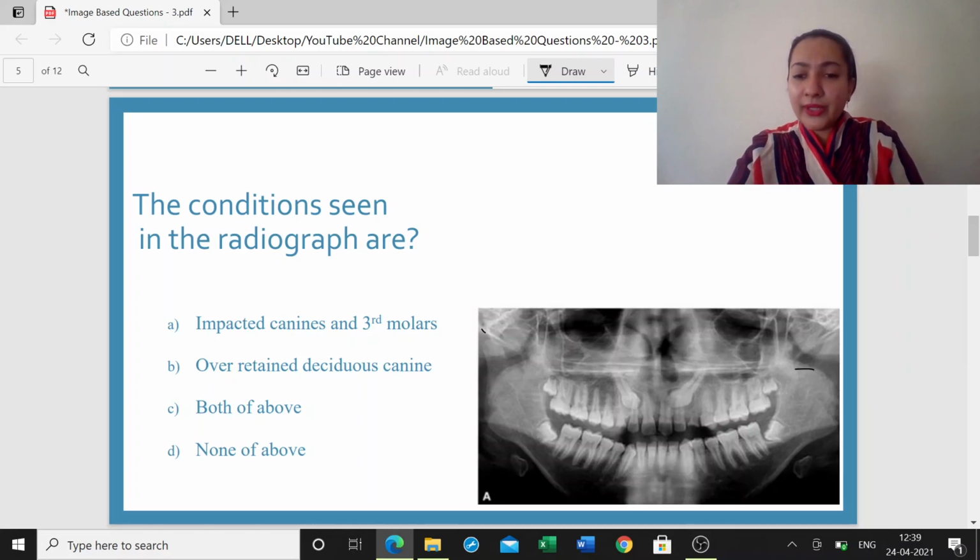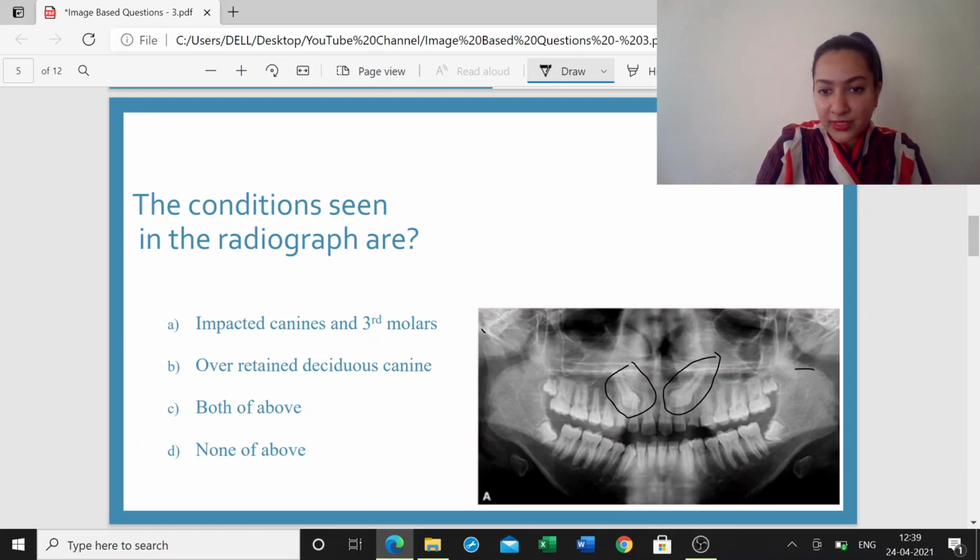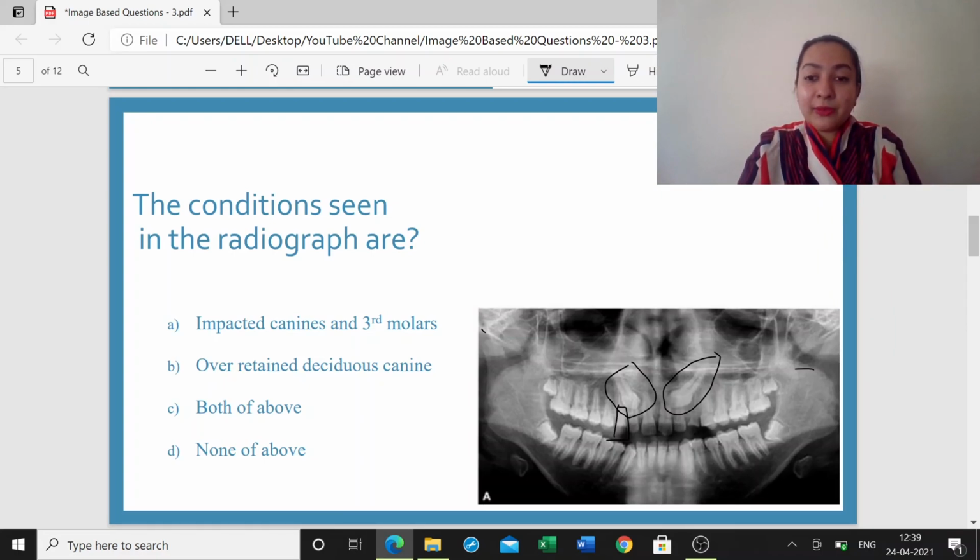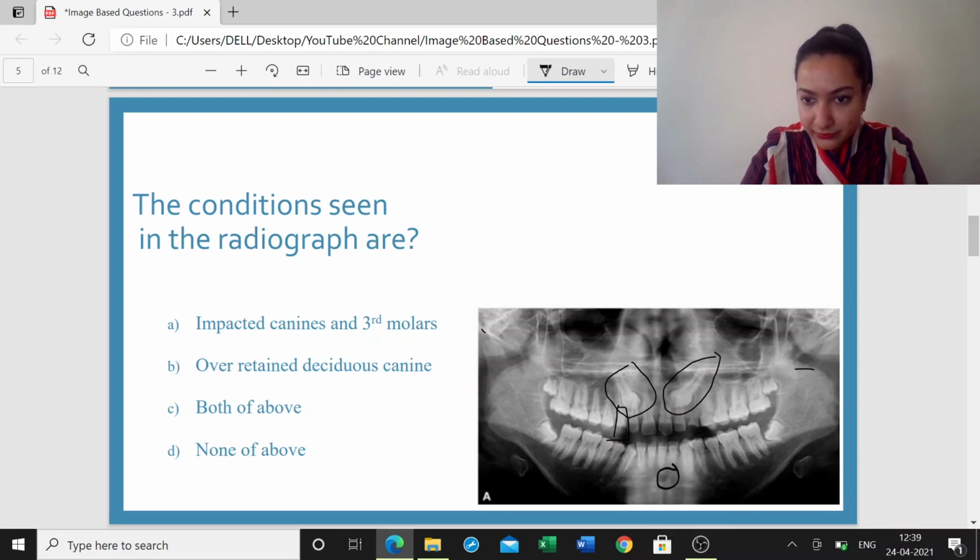So now when you move ahead, what do you see? You can see impacted canines over here, right? So these are maxillary impacted canines, and with that, what do you see? Over retained deciduous canines. See, my primary canines are still retained. As a result, mandibular canines are not able to erupt. What else do you see? You see an abscess over here.